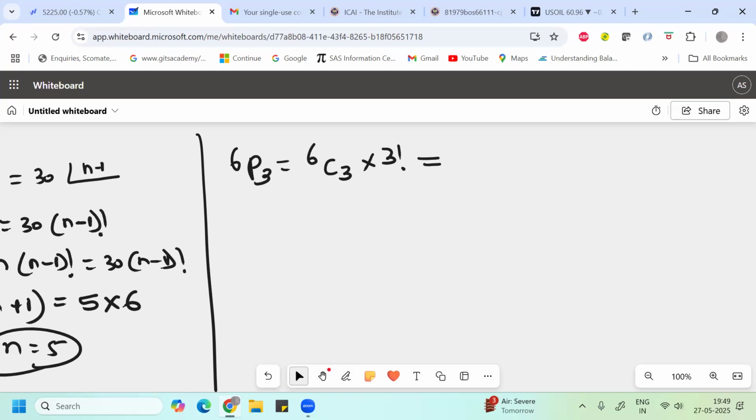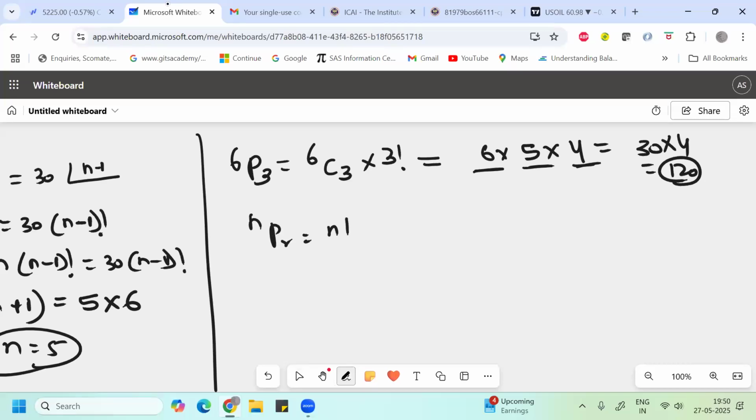If you want the 6P3 value, just draw three dashes. So this would be 6 into 5 into 4. 30 into 4 means 120. This is 6P3. So if you apply the nPr formula, that is n factorial by (n minus r) factorial.